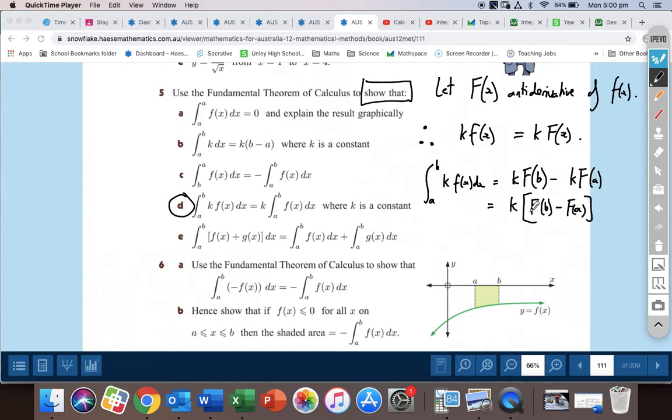You're left with the integral. So just looking at this part here, what's that? It's the integral of f of x, without the k. So the k's been pulled out of that, and we've shown that this statement here is true, as long as k is a constant, obviously. Okay, getting the idea here. One more to go.